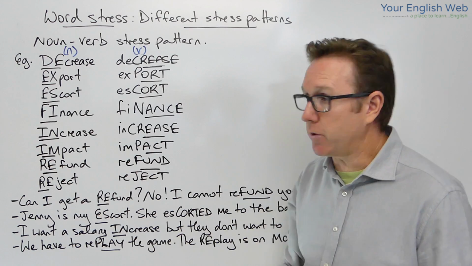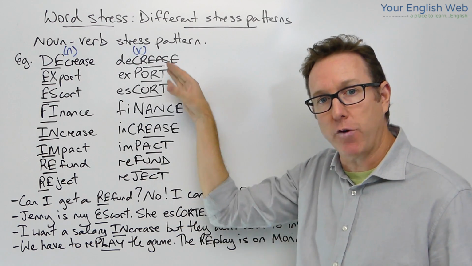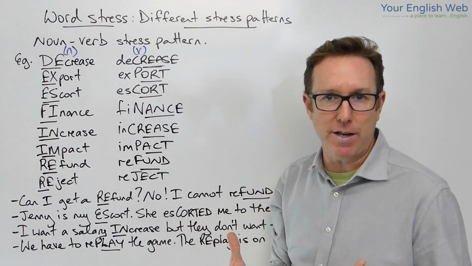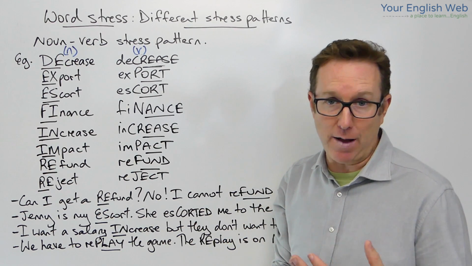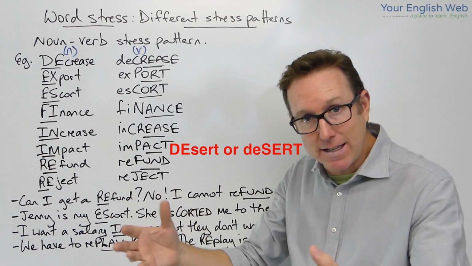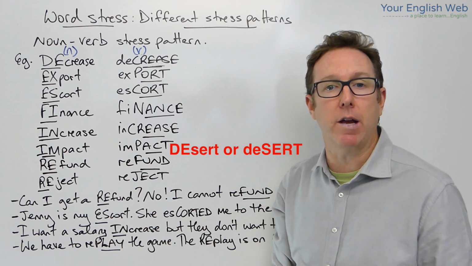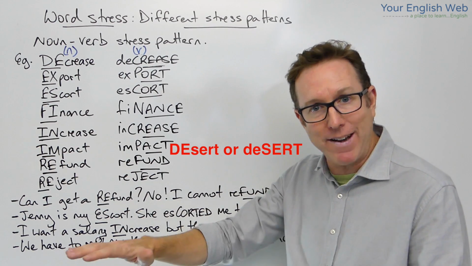Now, the first thing I will say is that these words are similar in meaning. Obviously, one is a noun, one is a verb, but there's no meaning change. There are some examples where the meaning does change from the noun to the verb. So, for example, desert, the desert, the barren land where nothing grows, the desert, or desert, meaning to abandon, okay?